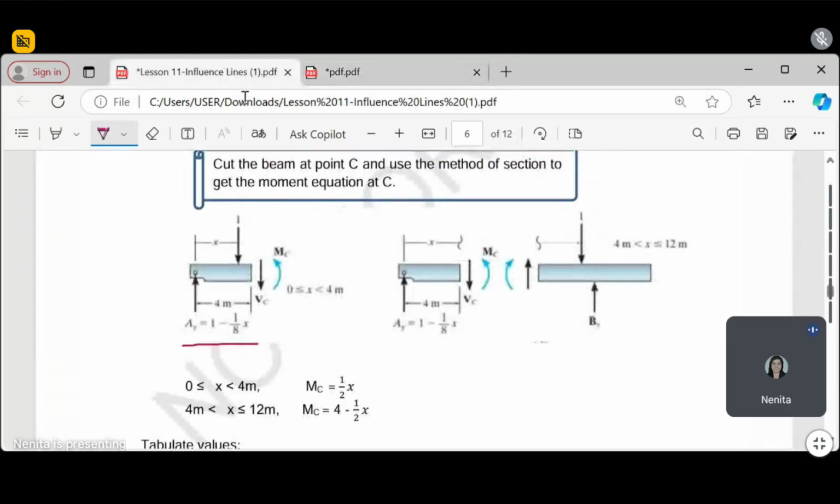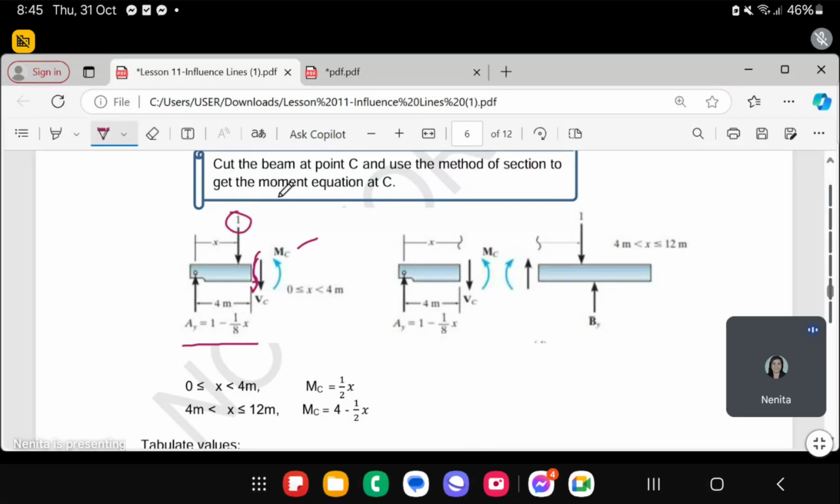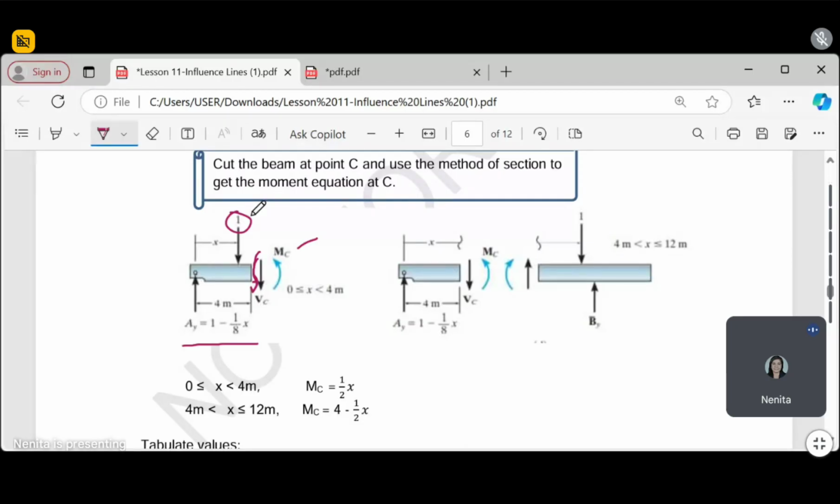So, I will show it to you. This is our point C. When we make a section, we can see the moment at C. That is moment at C. And there are also two equations, because our 1 can move. The 1 can walk. 1 is here, then suddenly 1 is over here. Our x tells where your 1 is located.